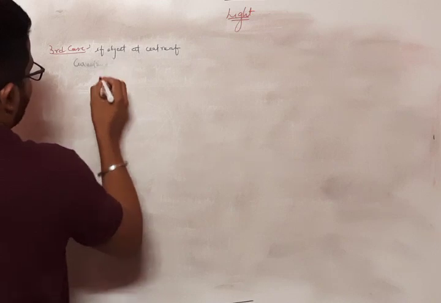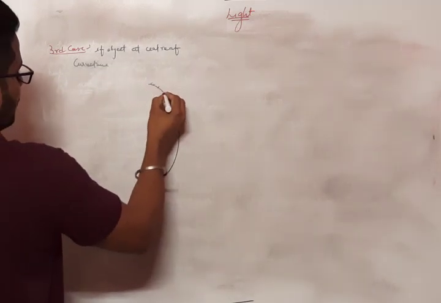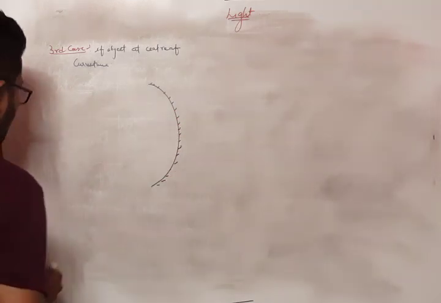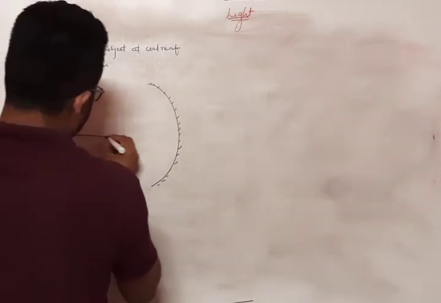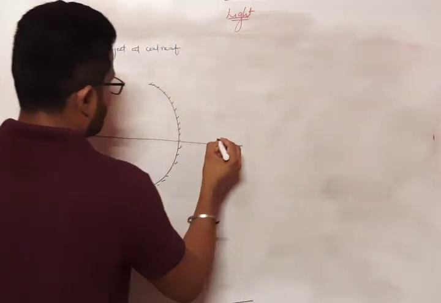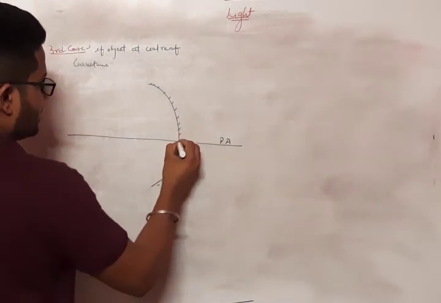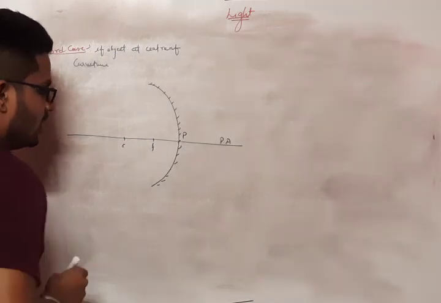Okay beta, like this. Draw a concave mirror, and this is the principal axis, this is the polished side, this is the pole, this is the focus, and this is the center of curvature.